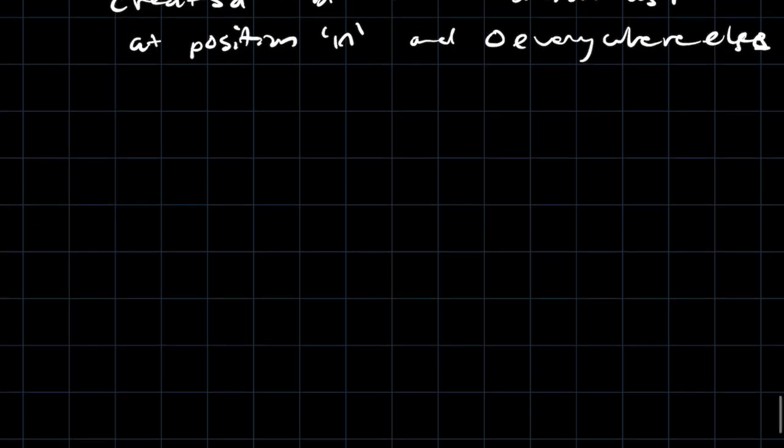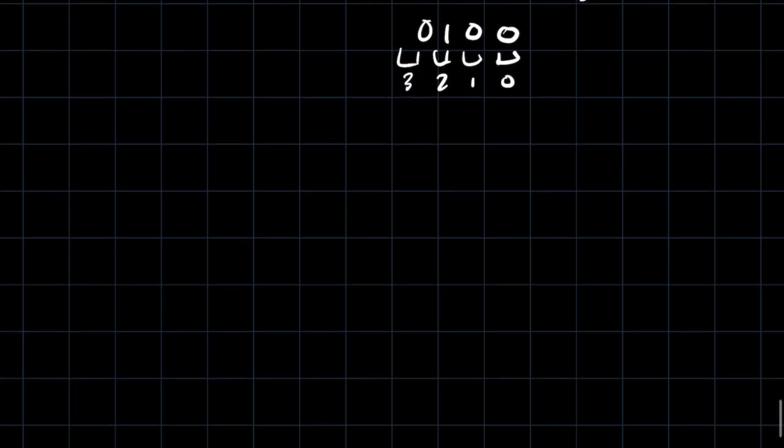Of course, this is 0 indexed from the right. So if I had 0, 0, 1, 0, this would be position 0, position 1, position 2, position 3. So just remember, we're going to start counting from 0 from the right.